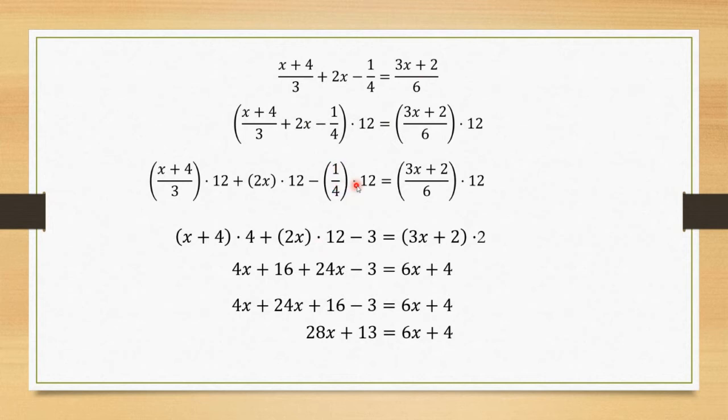Here, 1 over 4 times 12, 12 over 4, that's the same as 3, because 12 is 4 times 3. So the 4's cancel, and we're left with 3 here. Here, 12 over 6, 12 is 6 times 2, so the 6's cancel. We get 2. But notice now the denominators are gone. That's good. That's what we want.